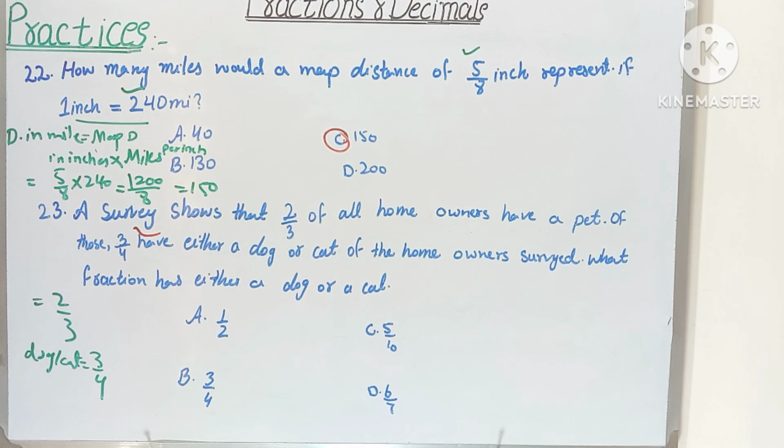Multiply the fractions: 2/3 multiplied by 3/4 is 6/12, which is equal to 1/2. Simplify the fraction by dividing both the numerator and denominator by the greatest common divisor, which is 6.